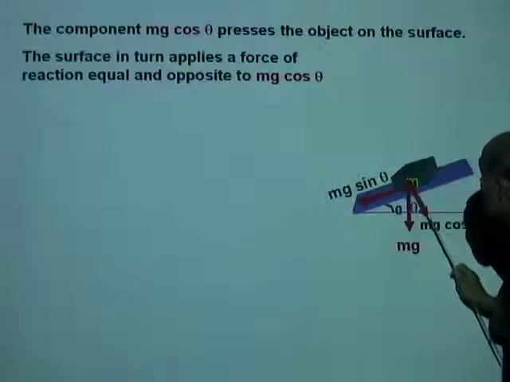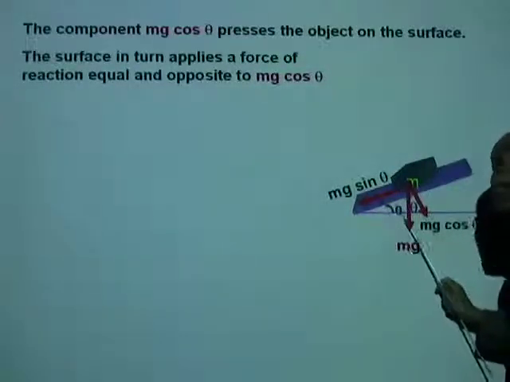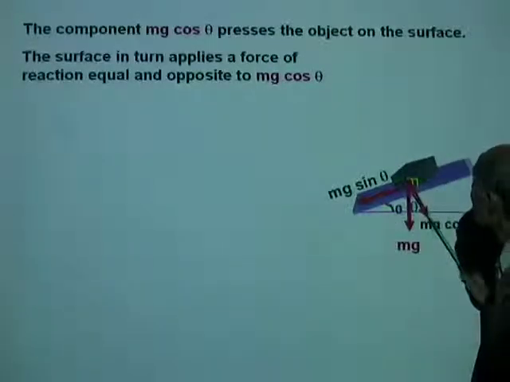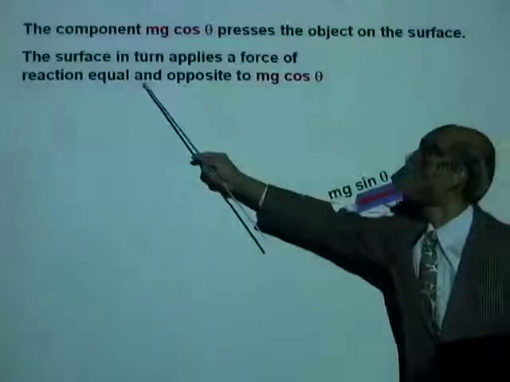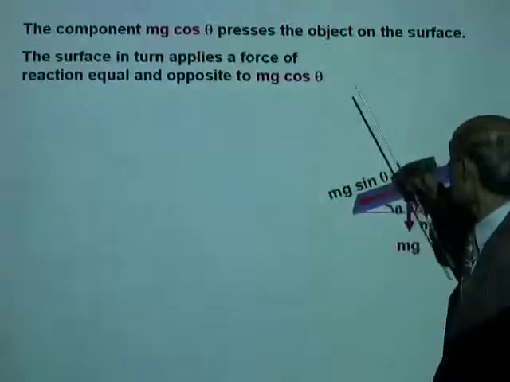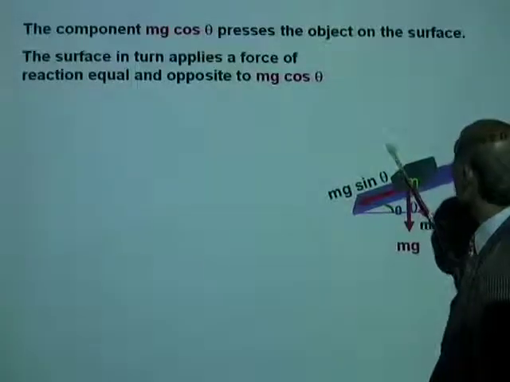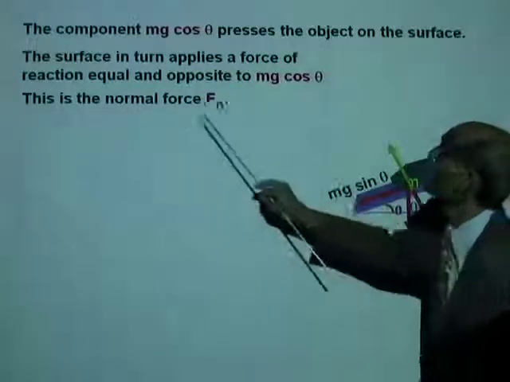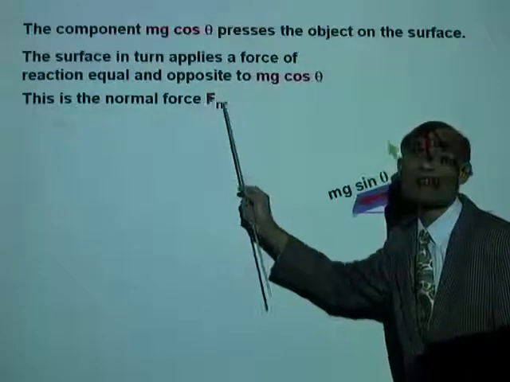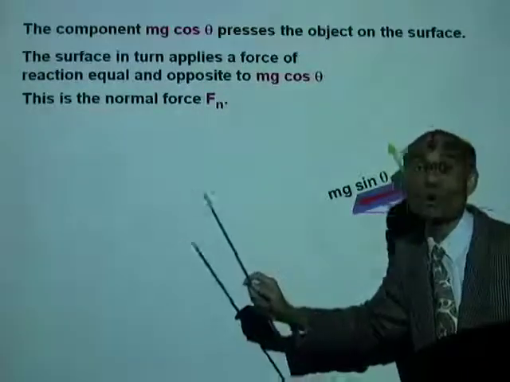You see, this mg cos theta is pressing this surface at right angles, and the surface in turn applies the force of reaction, which is equal but opposite to mg cos theta. There you have the force of reaction, which we are going to represent as F sub n, the normal force.